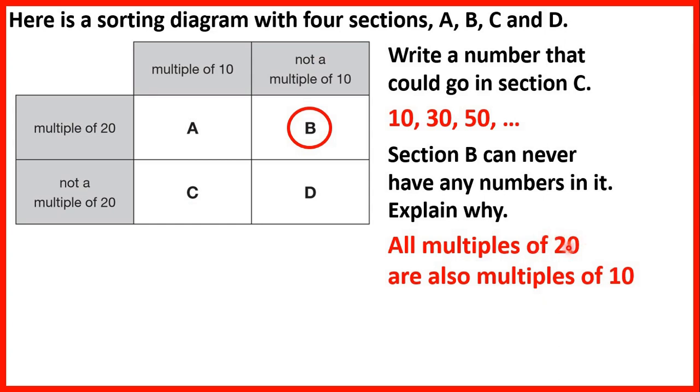If we think numbers in the 20 times table will always end in a 0 because we have 20, 40, 60, 80 and so on. But all multiples of 10 also end in a 0. If a number ends in a 0, then it will be a multiple of 10. And that's because 10 is a factor of 20.